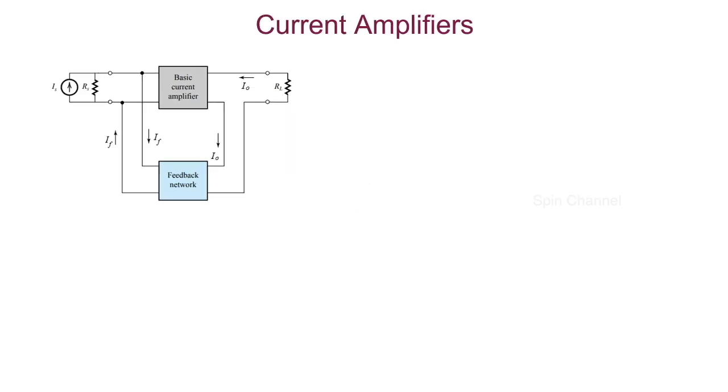Current amplifiers. In current amplifiers, the input signal is a current. Then it is represented by a Norton's equivalent circuit here at the input. The output quantity is also current. The feedback network samples the output current, just like an ammeter measuring the current, that is in series.